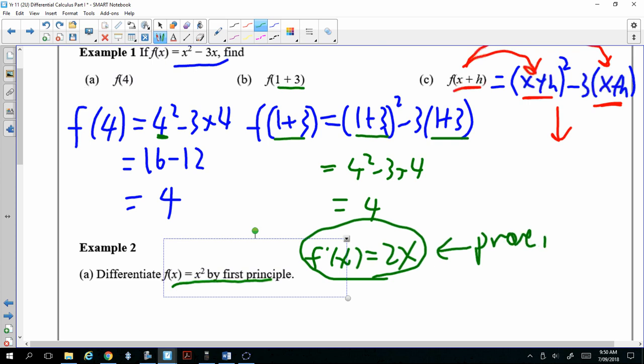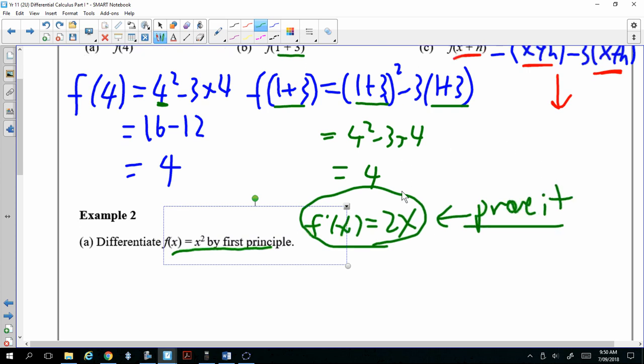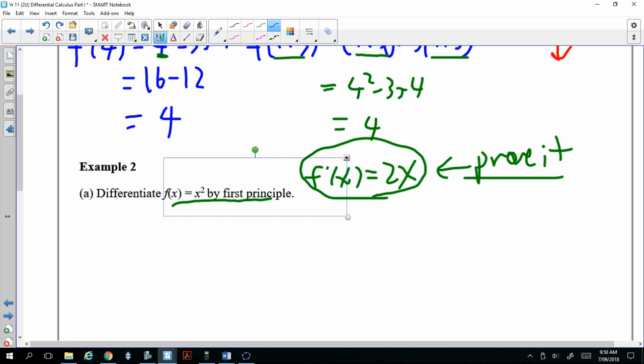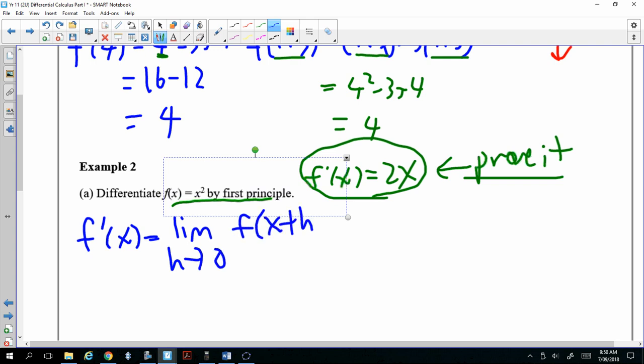The more you write it, the more likely you remember. I wrote it again, so make sure you write this. We're going to go through it very slowly. Watch this. Next step is still limit as h approaches 0. Write this first.